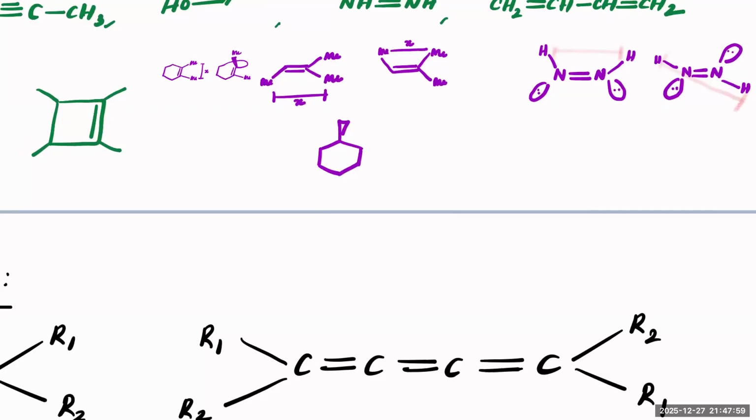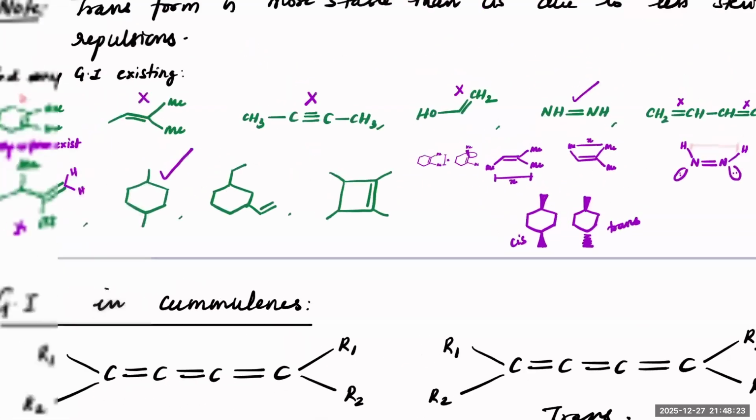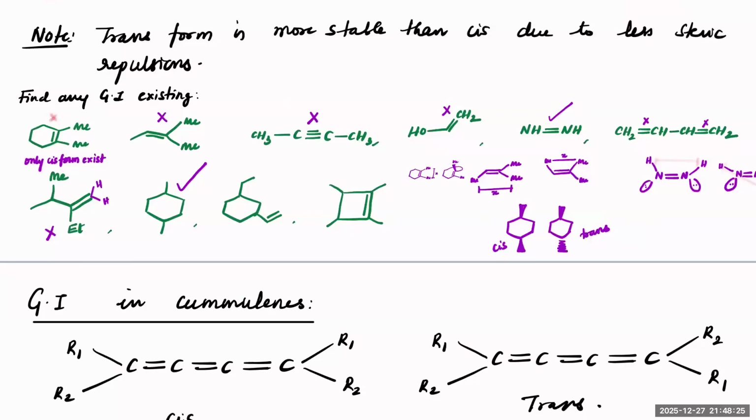And now I can put these two methyls coming out of the plane, or I can keep one out of the plane and one inside the plane. So if they are on the same side, the distance will be lesser, which we call the cis form. And then this one will become the trans form of it. Hence, here we can see a geometrical isomer appearing.